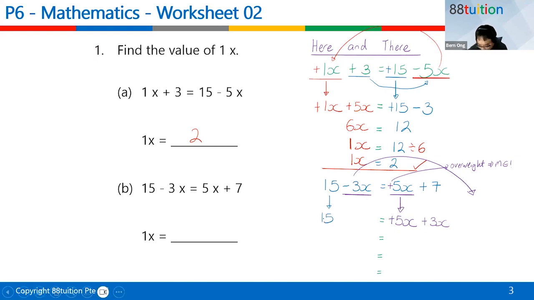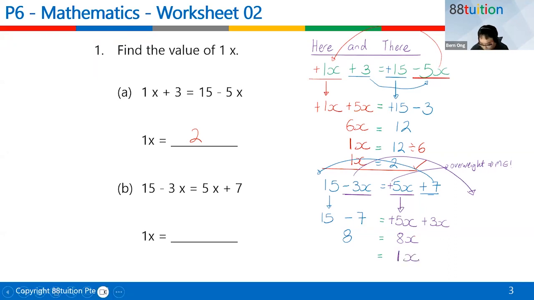And you are supposed to gather the numbers, plus 7. Come across, come over here, because the 7 is a number. Plus 7 across the equal sign gives you a minus 7. 15 minus 7 is 8. 5x plus 3x is 8x. Remember your objective? Your objective is always to look for the 1x.